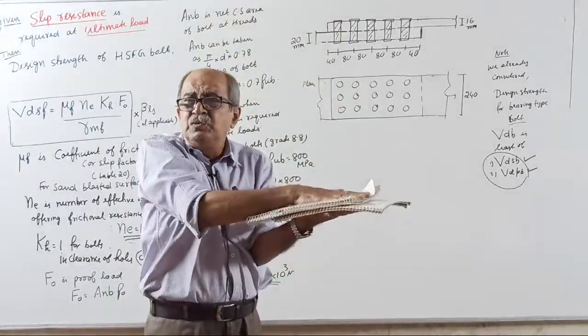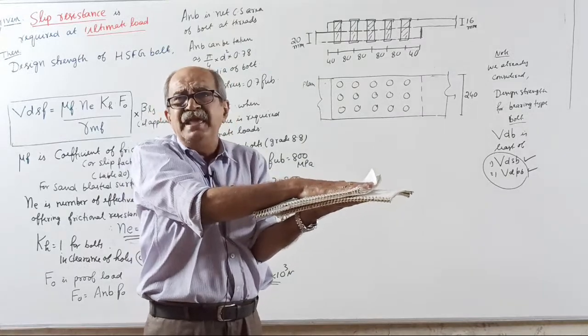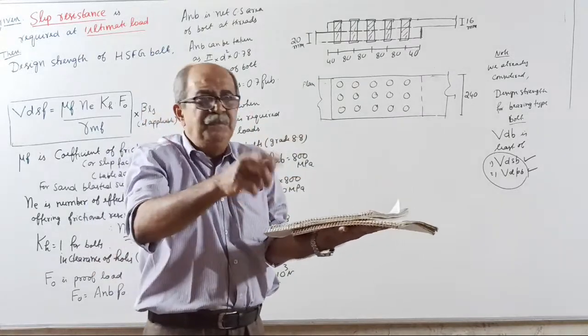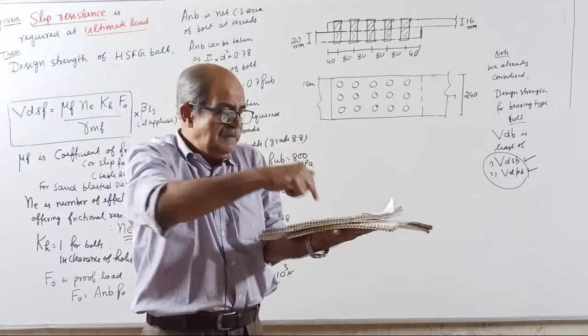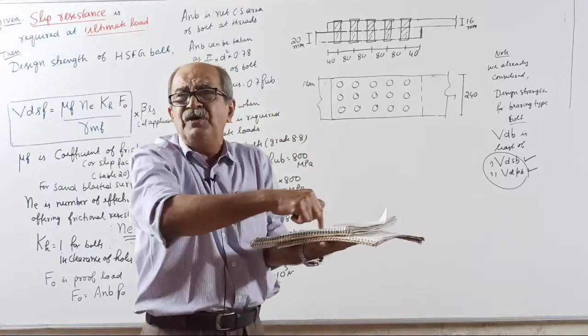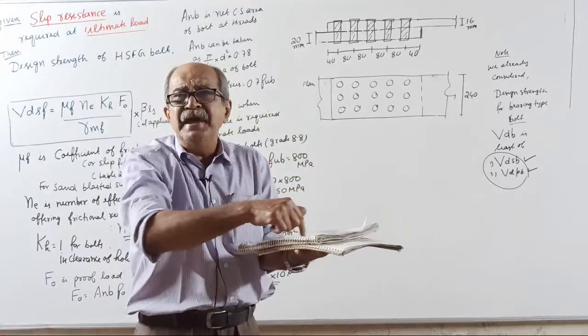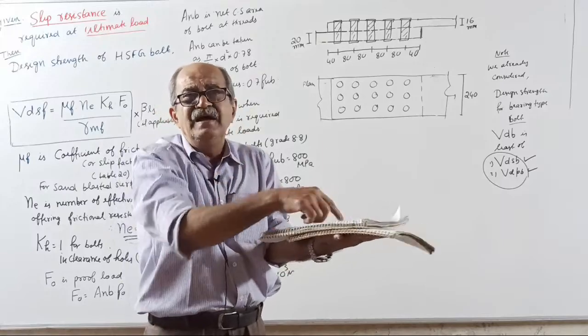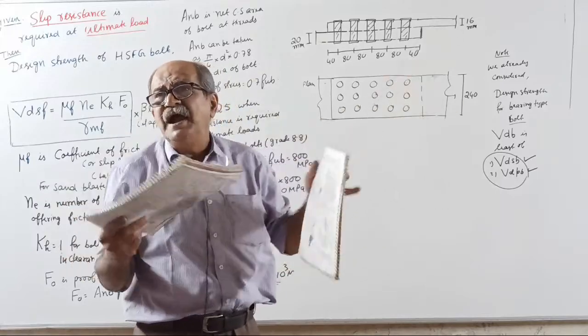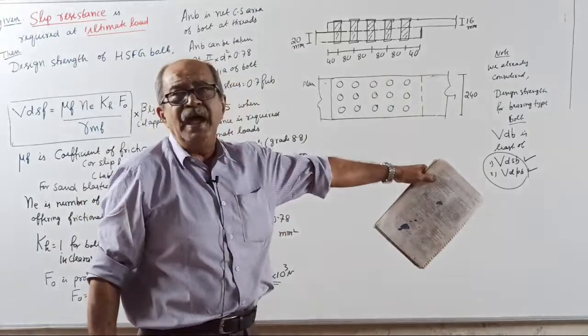Earlier, if you put, for example, a bolt made of a weak chalk piece and apply the force, it will get cut. That is a bearing type bolt.